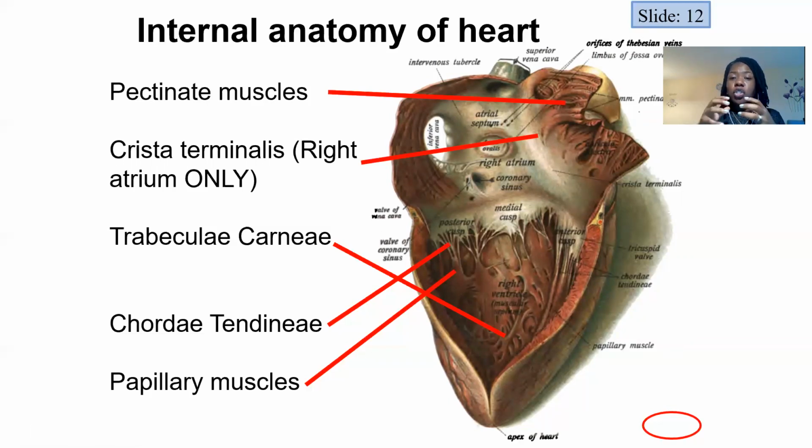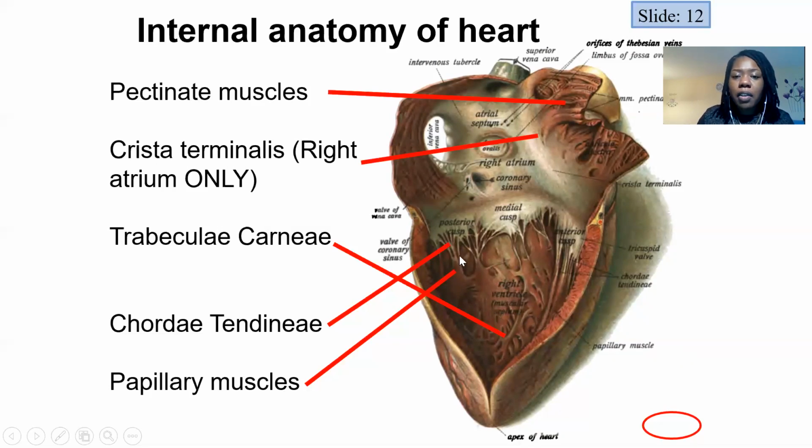As the ventricle contracts or squeezes, these cords anchor down on the cusps of the valves and prevent the leaflets from flying back up into the atria under the pressure that's being accrued in that ventricle. And then the papillary muscle is the muscular structure that connects the trabeculae carneae to the chordae tendineae. To go over the sequence of these structures again, we've got the trabeculae carneae, which is the actual wall of the ventricle.